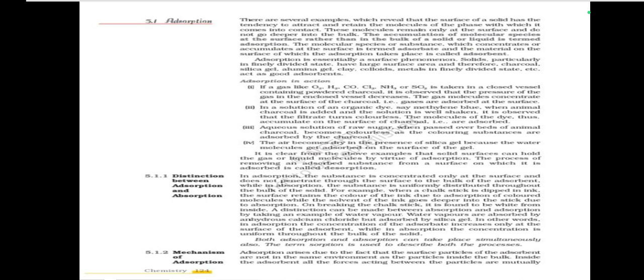Inside the adsorbent, all the forces acting between the particles are mutually balanced, but on the surface, the particles are not surrounded by atoms or molecules of their kind on all sides, and hence they possess unbalanced or residual attractive forces. These forces of the adsorbent are responsible for attracting the adsorbate particles on its surface.